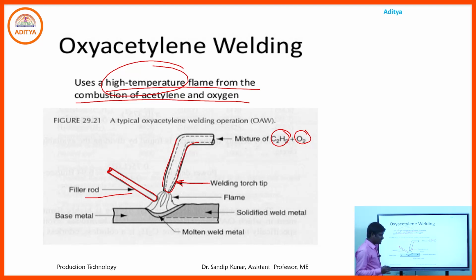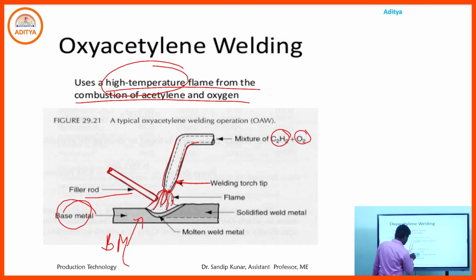Due to burning of that mixture of gases, the flame will be created. And that is the base metal, and that is the weld surface. After welding, that surface will be the solidified weld metal.